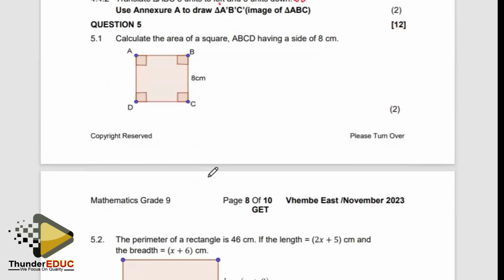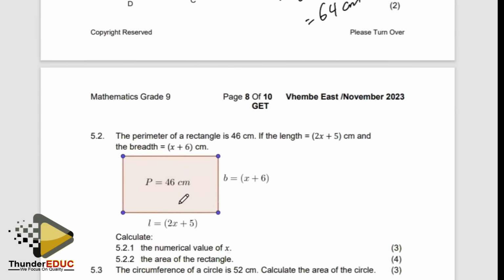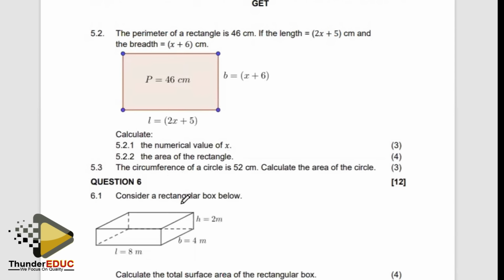Question 5, which is the measurements. They want us to calculate the area of a square having this. So we know that area of a square is given as L squared, or side times side. So that's going to be 8 times 8, which is 64 centimeters squared. Then 5.2, the perimeter of a rectangle is 46.